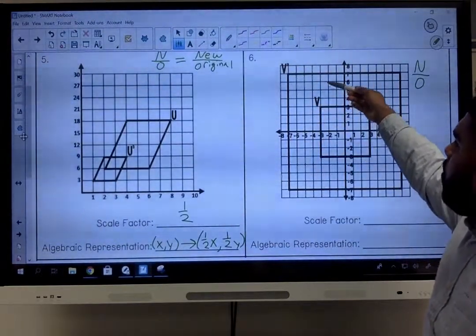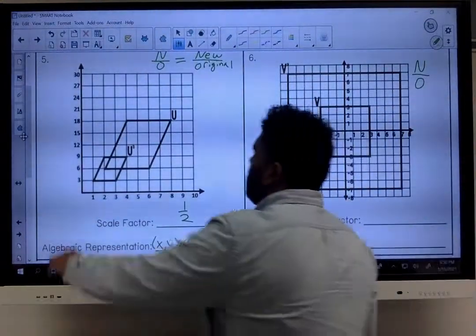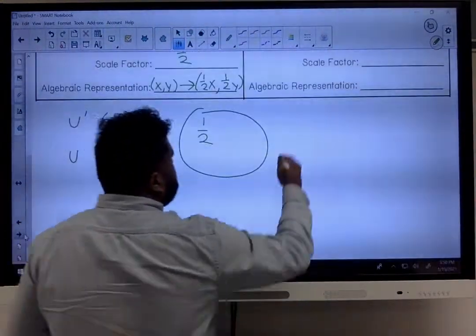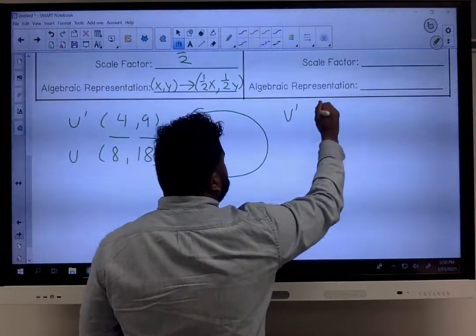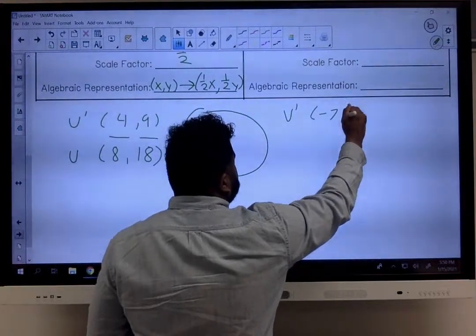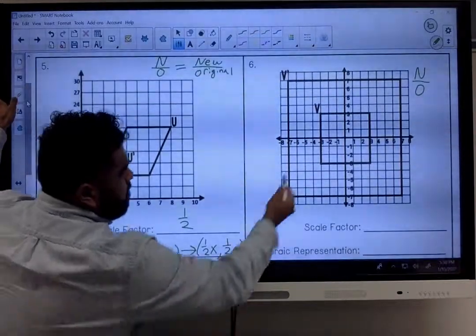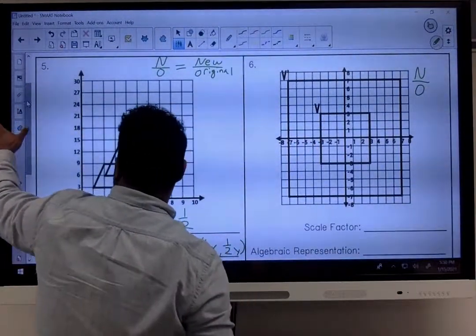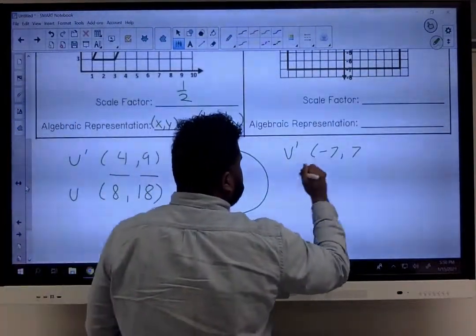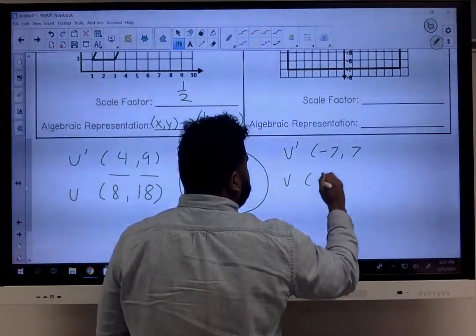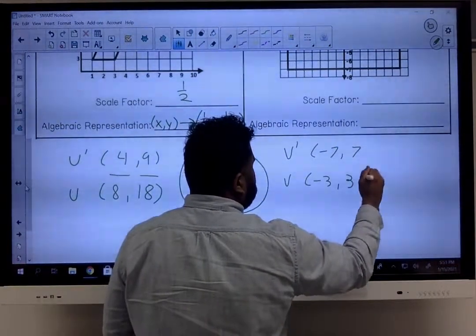So v prime is at -7, 7. Let's write that over here. Now, the original v is found at -3, 3.